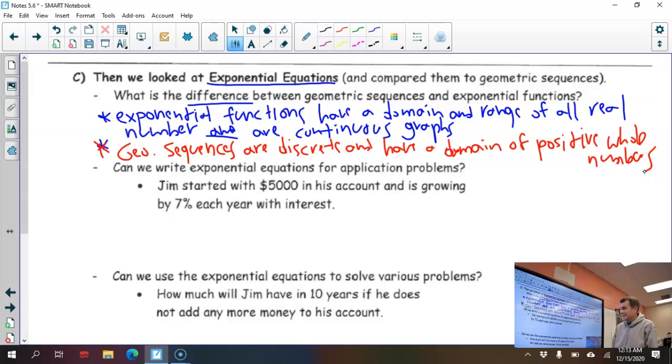So the big difference is geometric sequences, always a discrete graph, and the domain is limited, whereas exponential functions, continuous graph, and you can use any x value in all exponential functions.